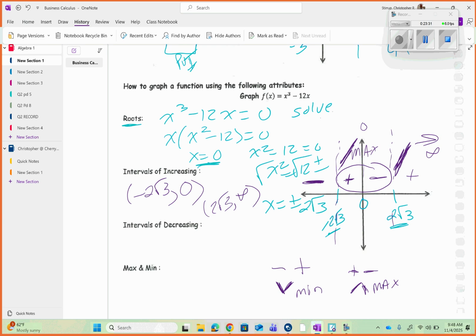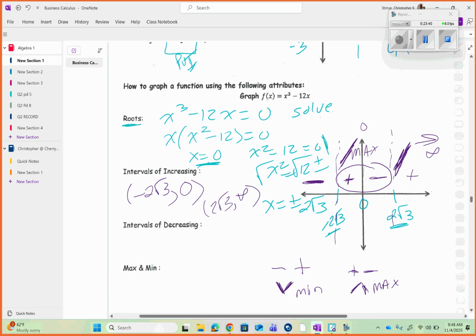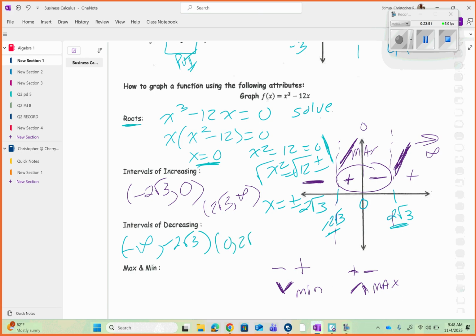Where is it decreasing? It's decreasing here, from negative infinity to negative 2 root 3. And it's also decreasing here, from 0 to 2 root 3.